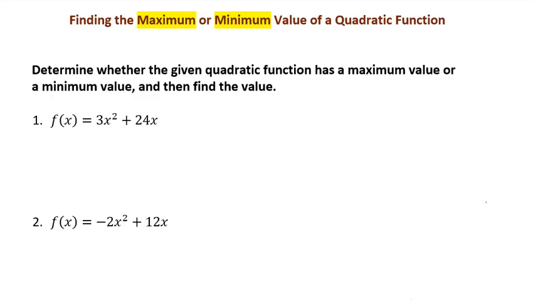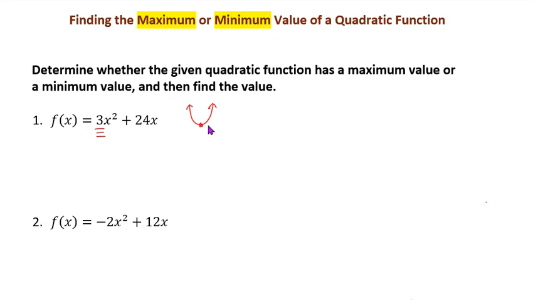Item number 1. We have f of x equals 3x squared plus 24x. Again, we have to identify first whether the function has a maximum value or a minimum value. Since the leading coefficient is positive, the parabola opens upward, so it has a minimum point.